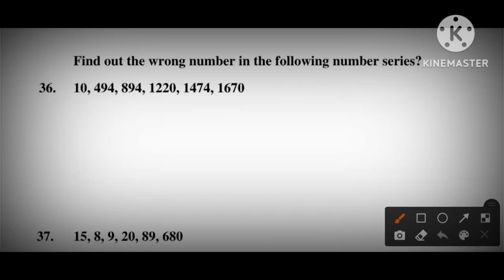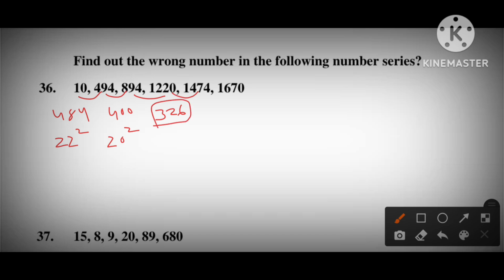Now we are going to deal with the wrong number series. Here we see a difference of 484. Here we see a difference of 400. It is clear that it is 22 square. It is 20 square. Here we see a difference of 6 and 2 and 3. 326. It is not any square.